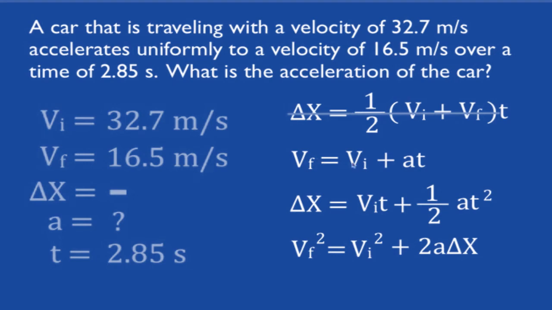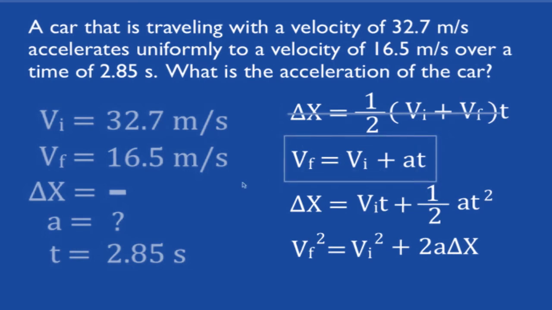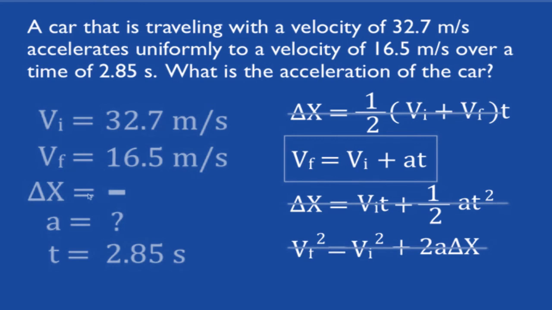The final velocity, yes, the initial velocity, yes, the time, yes. So therefore we can use this equation. Now just quickly, you will notice that these 2 equations have change in position. We don't know the change in position, and therefore we could not use either of these 2 equations.